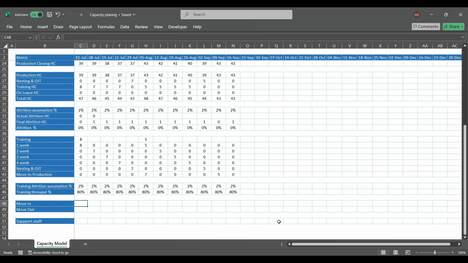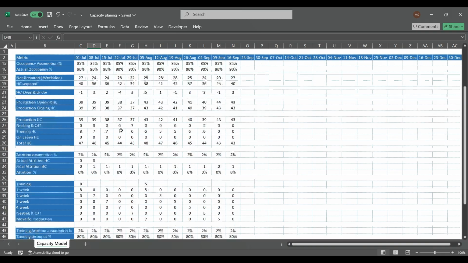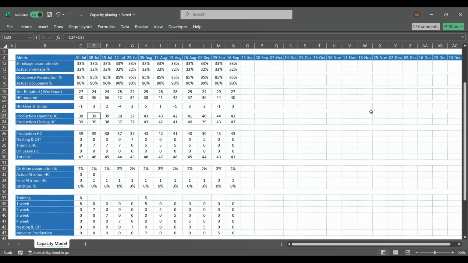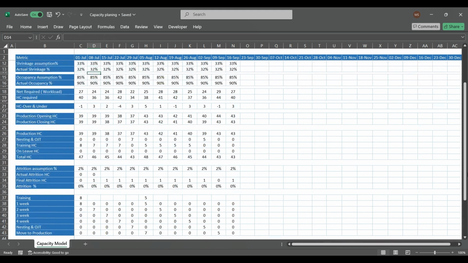At that time you need to move a few people. If I move two in, we would need to add them here. Once you open for these requirements, you would need to add these two also. There are two people moving in and moving out.